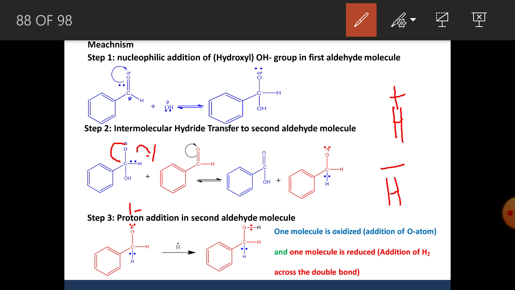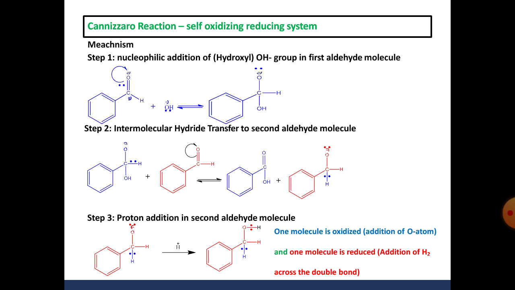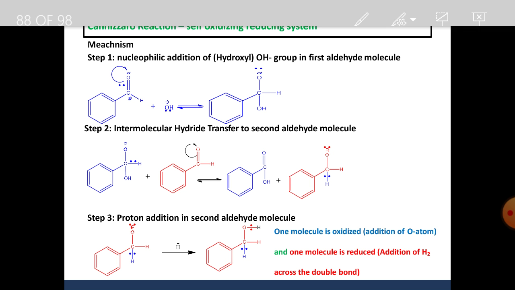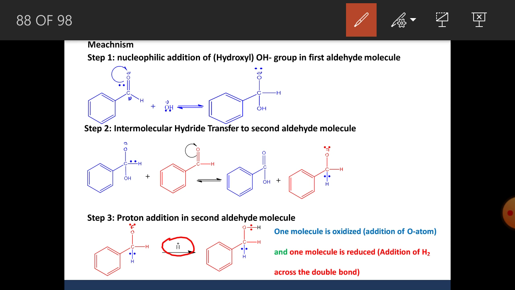This H minus is electron rich, like a nucleophile, and it attacks this carbonyl carbon which is electron deficient. After that there is formation of benzoic acid, and in the second structure this oxygen is still electron rich. That is why in the third step this electron rich oxygen accepts one proton from a water molecule, and this structure converts into benzyl alcohol.